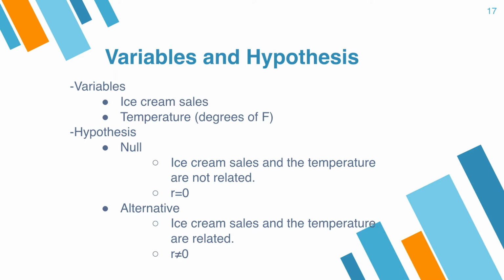Our variables are ice cream sales and temperature using degrees Fahrenheit. Our null hypothesis is that ice cream sales and the temperature are not related, or r equals 0, and the alternative is that ice cream sales and the temperature are related, or r does not equal 0.